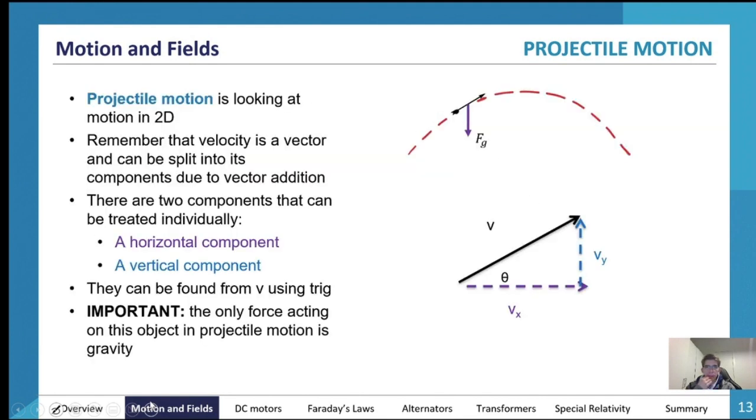Now let's talk a bit about projectile motion. When we are talking about projectile motion, you need to remember that we're looking at motion in two dimensions. So usually, what does that mean?